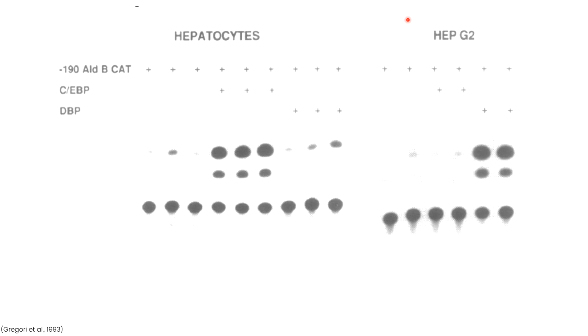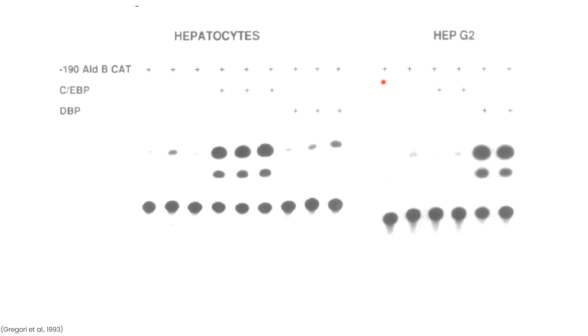Okay, so we're going to focus on our Hep G2 cells on the right-hand side currently. These are liver-derived cells that the researchers use to examine transcriptional regulation of the aldolase B promoter. Our CEBP and our DBP are located here on our left-hand side.